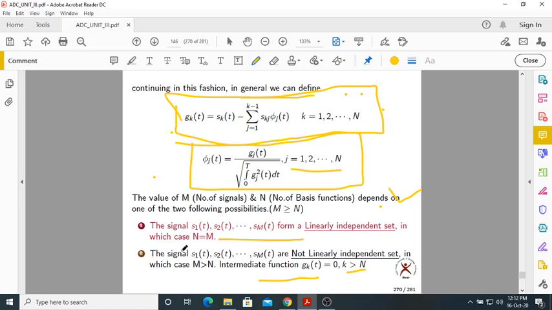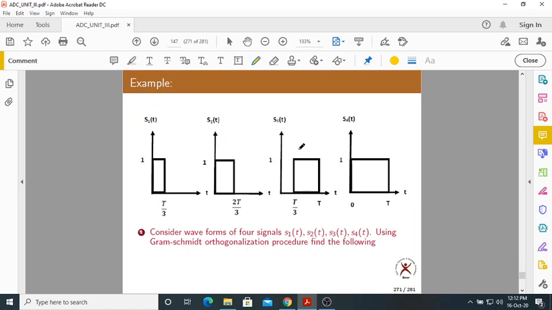So we will take a simple example and try to find out. Just observe these 4 signals. Here I have given these 4 energy signals. By giving this set of 4 energy signals, I am asking you to find the basis functions. Here I did not tell you how many basis functions are required.